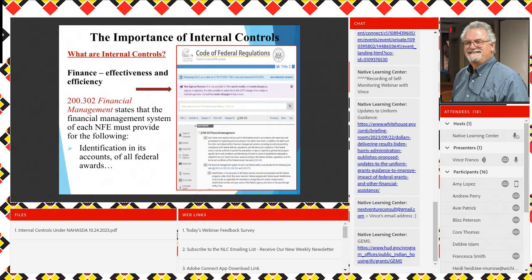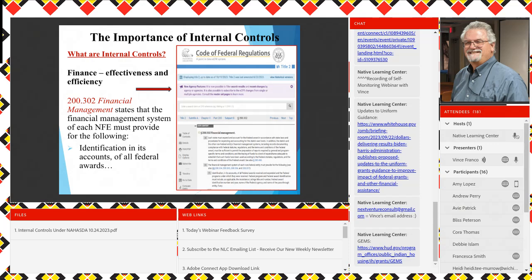The screenshot on the right is the actual citation, 2 CFR Part 200. Now, as you look at that, let me point something out to you. It says Code of Federal Regulations at the top, but this is not your grandparents' Code of Federal Regulations. If you've ever seen the real Code of Federal Regulations, it's written like a newspaper. It's in columns, vertical columns, very, very small print, very difficult to read, almost nearly impossible to navigate on screen because you've got to go from left to right, up and down different columns.